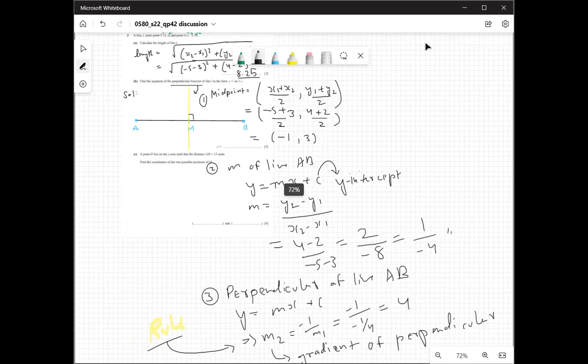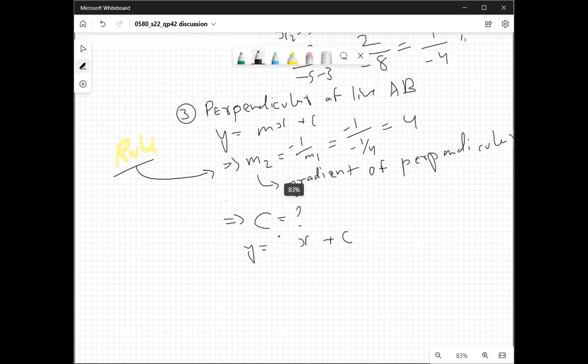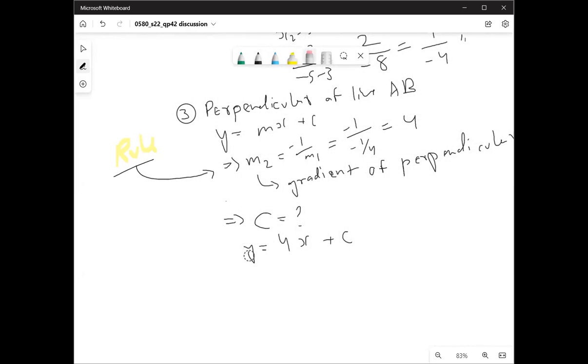I'm going to plug that in here: in place of x we put -1, and in place of y, we put 3. So now we can find c.